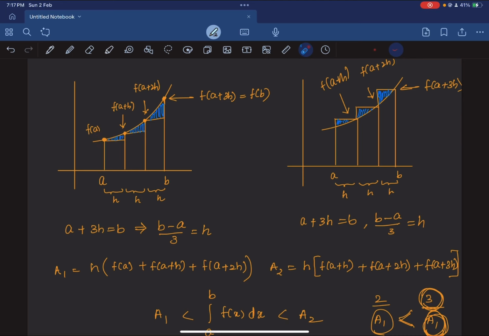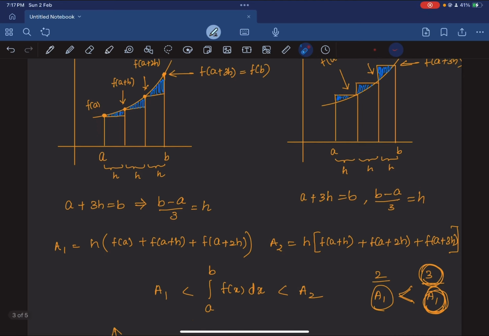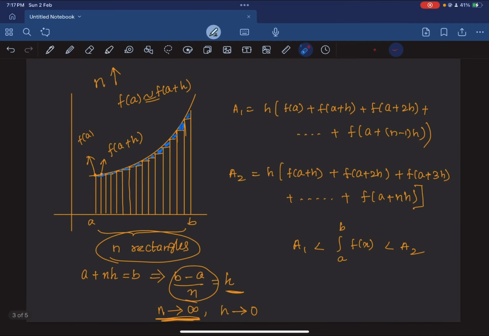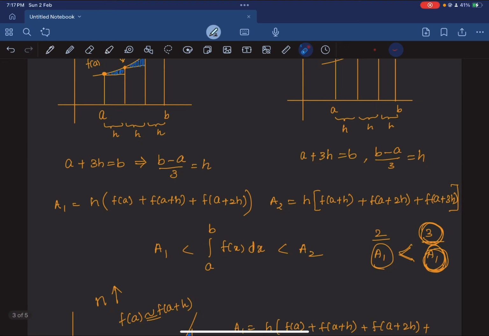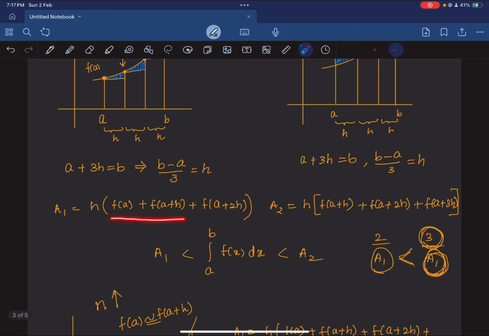So the computation of area gets close to the actual value of area when we increase the value of n. So let us say there are n rectangles. In the first case, when we have 3 rectangles, a1 is f of a plus f of a plus h plus f of a plus 2h.